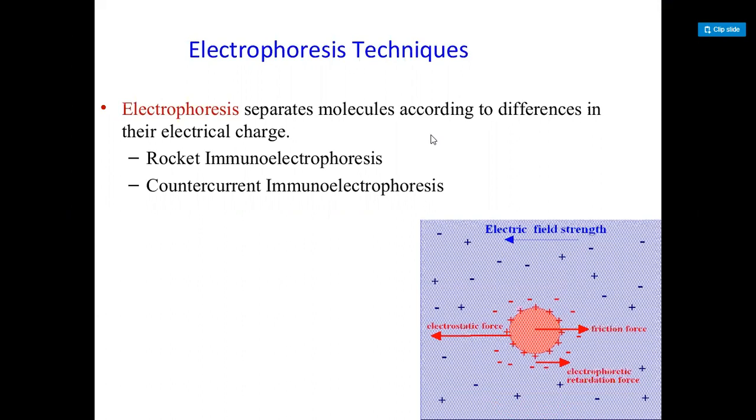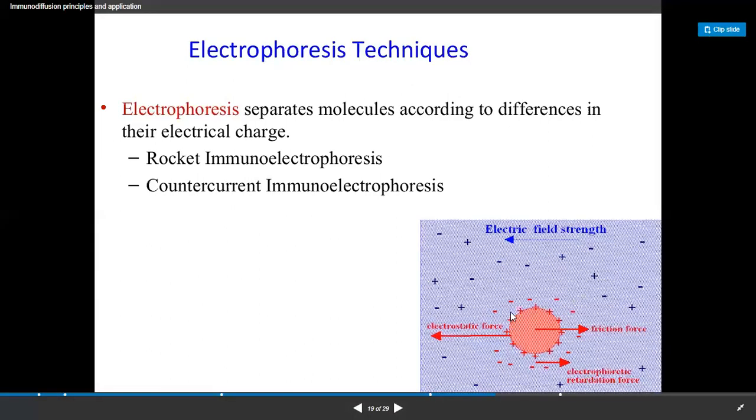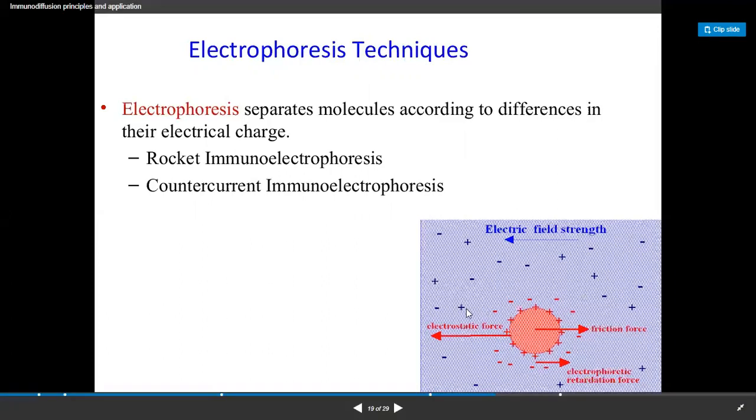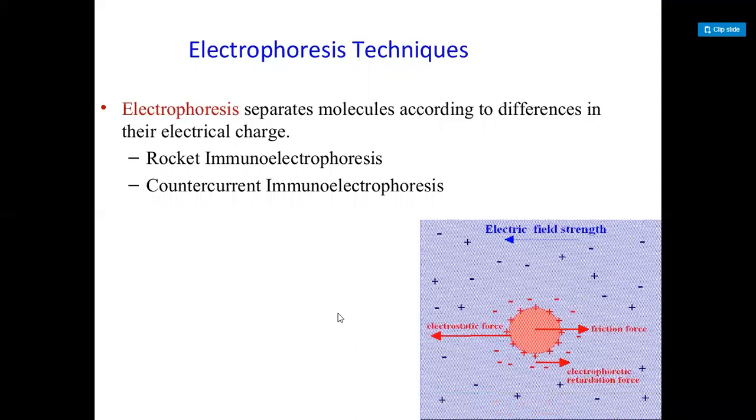Charged particles will migrate according to their electric charge, and as we know, proteins have some charge; some proteins have negative charge and some have positive charge. The molecules which have negative charge will migrate towards the positive when an electric field is applied.